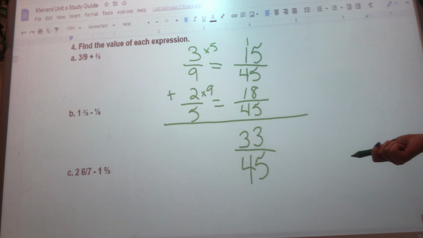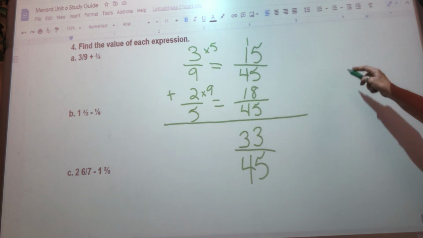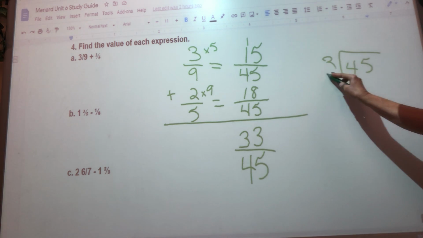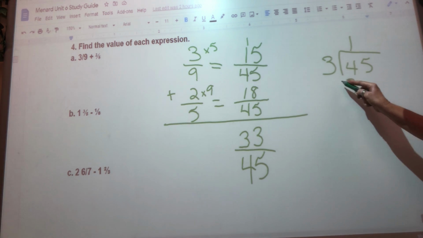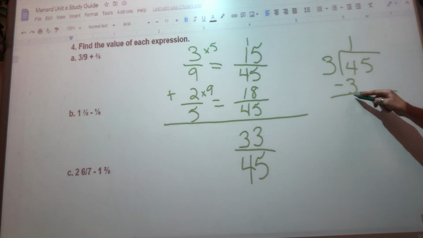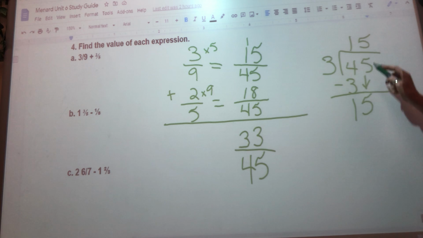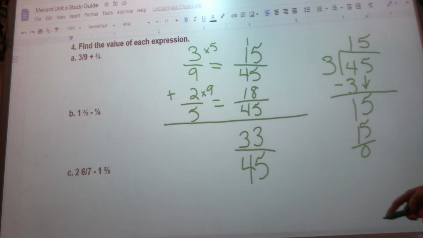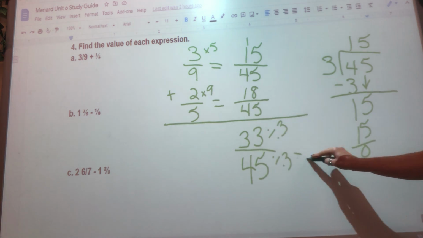I'm going to try 3 because I know 3 will go into that evenly. 3 goes into 4 one time. 1 times 3 is 3. Subtract, get 1. Bring down the 5, which is 15. Minus 15 is 0. So was this in simplest form? No, they're both divisible by 3.